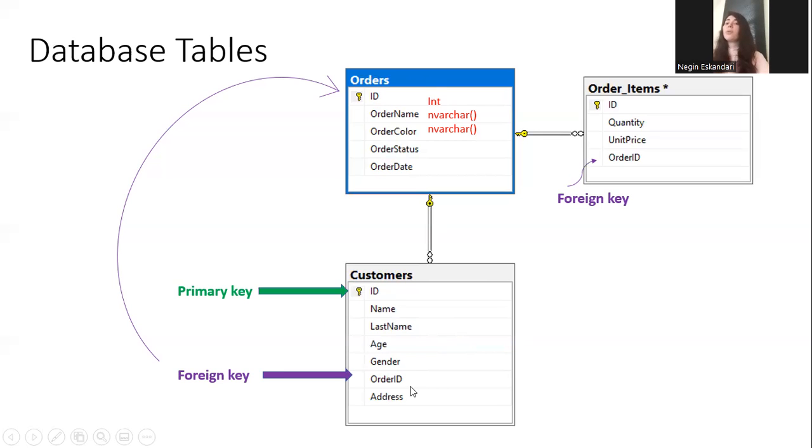But with order ID, we can connect these 2 tables. So in the customer's table, we can consider order ID as a foreign key. Foreign means this key isn't here. It's in another table, but we are using it. With this order ID in both tables, we can connect them with each other.